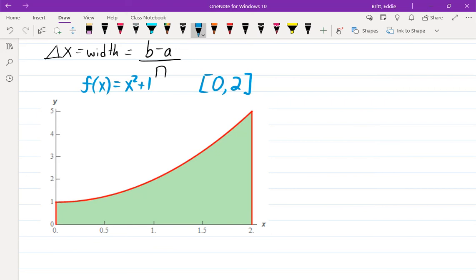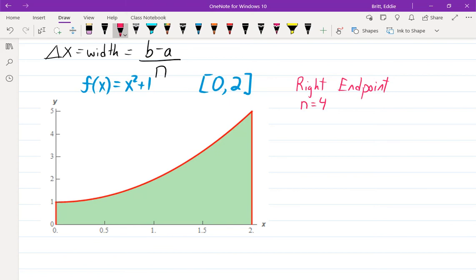All right, so we are going to start with the right endpoint. And so the right endpoint is 2. And we are going to let n equal 4, meaning I'm going to make 4 rectangles.